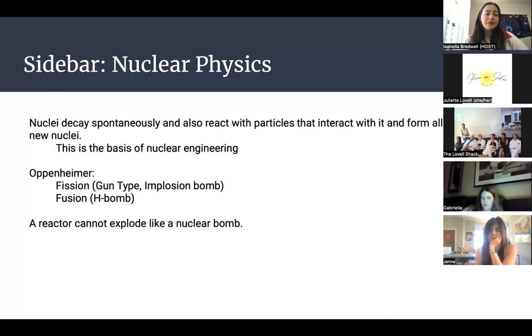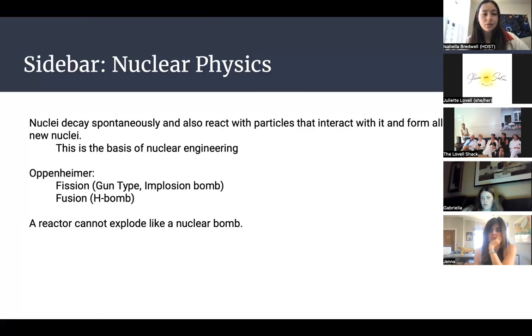But most uranium in the world is uranium-238, and the way we make it weapons grade is we enrich it with U-235, which is extremely unstable, and when it fissions it releases tons and tons of energy, kilotons of energy, way more than TNT.